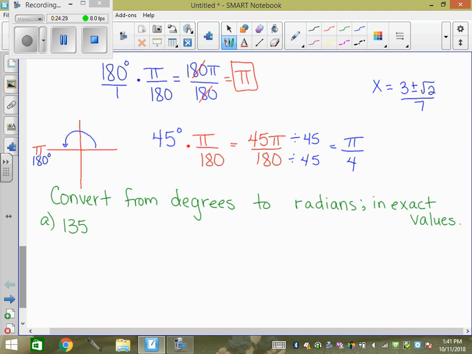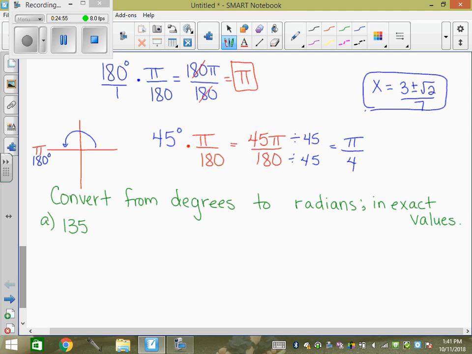If I wanted exact values, we'd be done. Woohoo, life is good. That is an exact value. The moment you punch those into your calculator and give me decimals, you are not giving me exact values. Decimals that are rounded are the opposite of exact values. Quit doing that. Quit working harder than you need to.